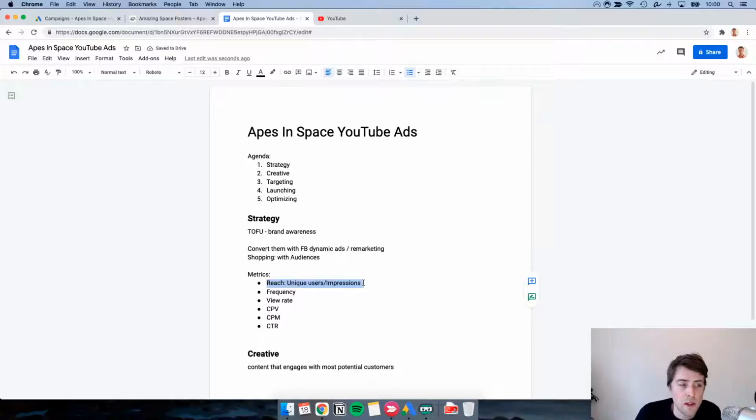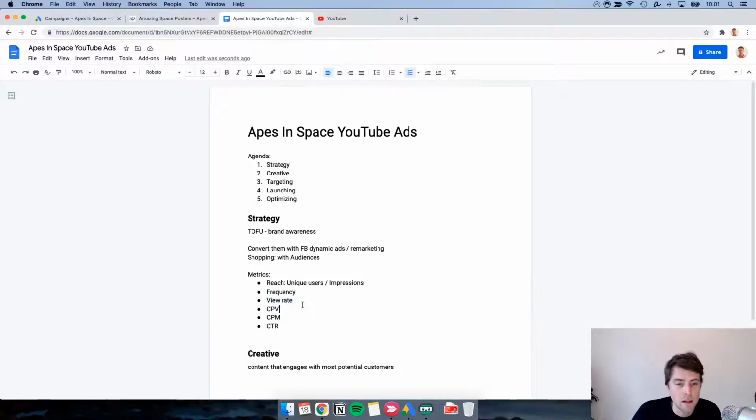One, we want to see what our reach is, how many people are we reaching, and then how many times do we actually show our ad. So are we reaching the same person every day for a whole month? And probably they've seen us. These two, view rate and cost per view, to me they're quality indicators.